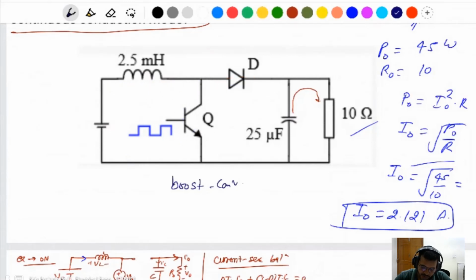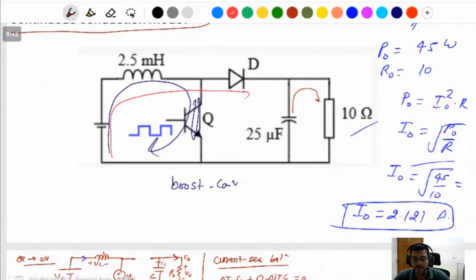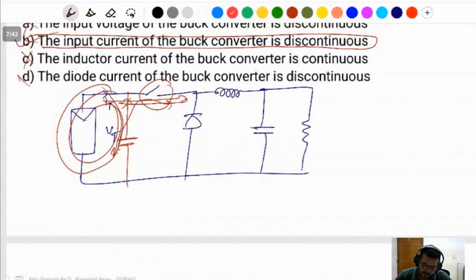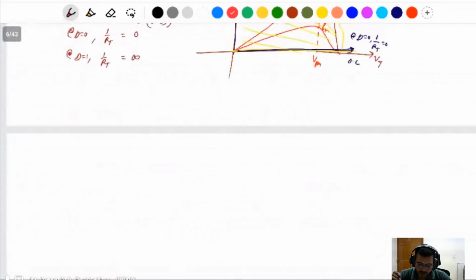Look once again: when the switch is on, current will flow like that. When the switch is off, current flows like that. At both times the input current will be continuous. This is the boost converter. For the buck converter, input current will be discontinuous. If the switch is off, then current will be 0 on the input side. For the buck boost converter, same thing.